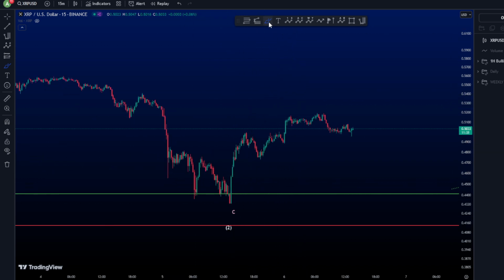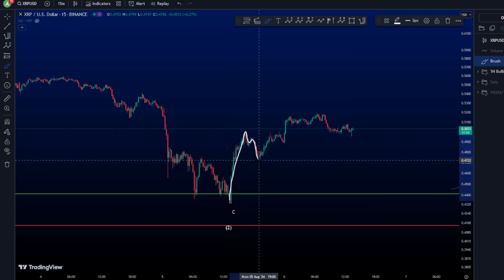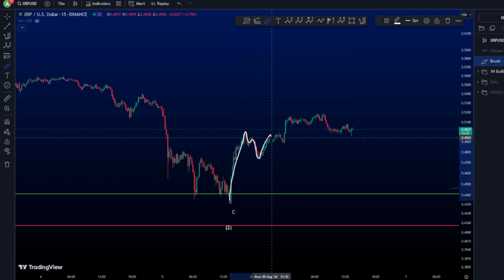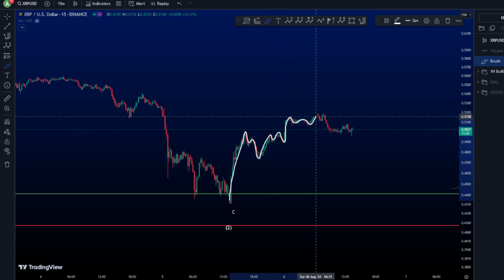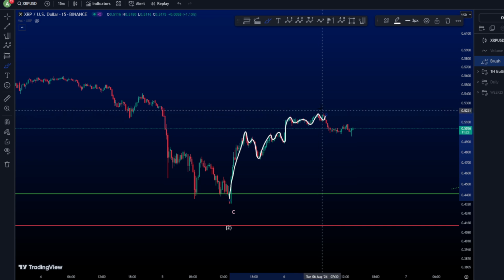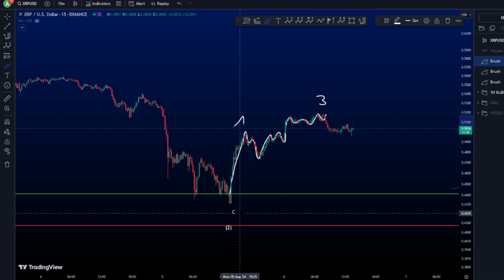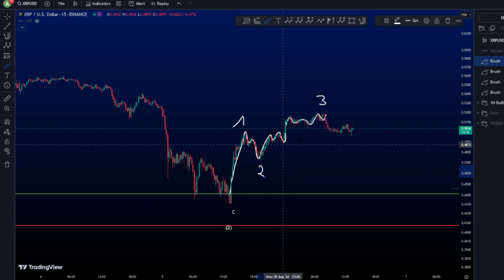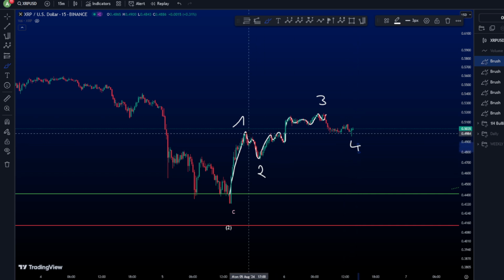This is an impulse here, a correction for a 1, a 2, and then another impulse, a correction, 1, 2, 3, another impulse, and then a correction, even hitting a 5. So this is actually a finished impulse for a wave 3 here. So what we are looking at is a 1, a 2, 3, and now we are looking for a 4.